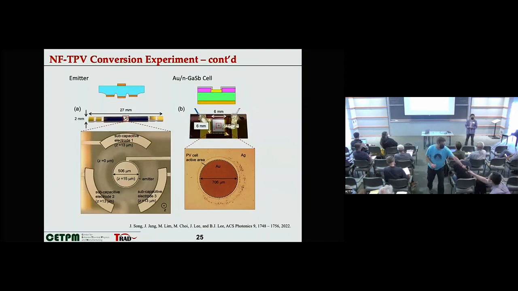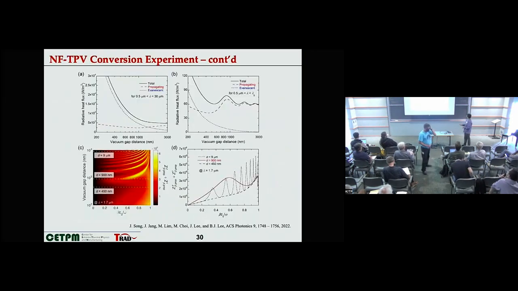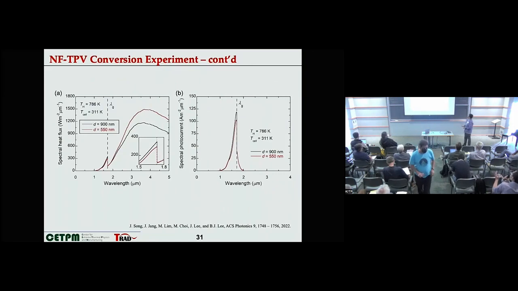Bong Jae, can you go to slide 31 as well? What limits you from going to a higher temperature beyond 800 Kelvin? In that case you could shift your spectrum a little bit towards the near infrared.